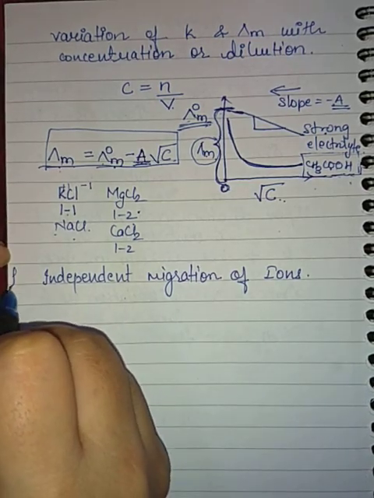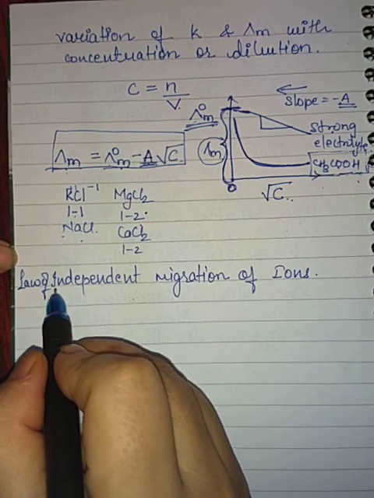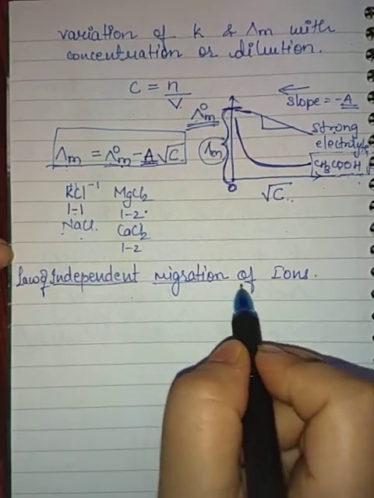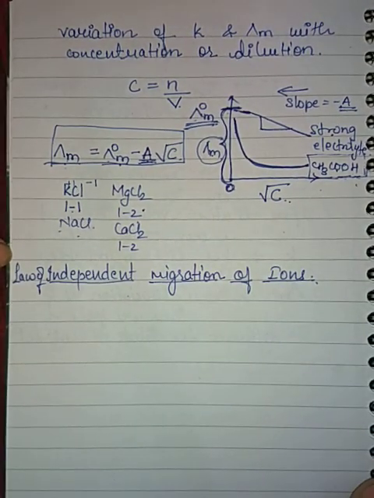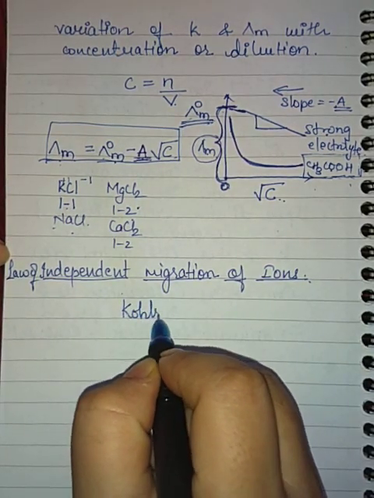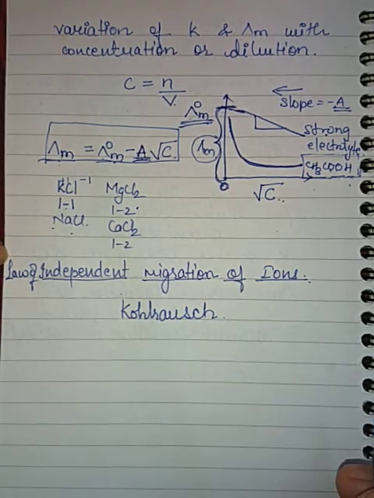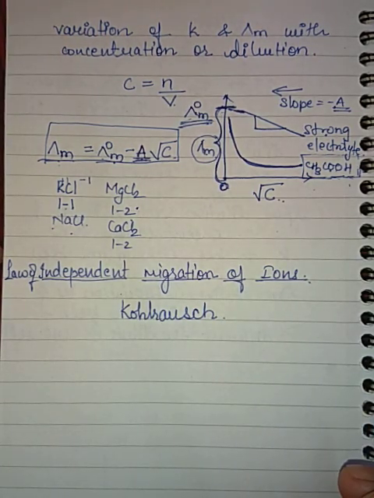So this is the law of independent migration of ions, and this was given by Kohlrausch. So we call it Kohlrausch law of independent migration of ions.